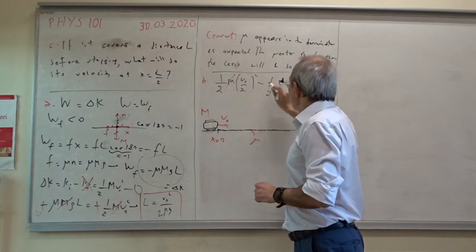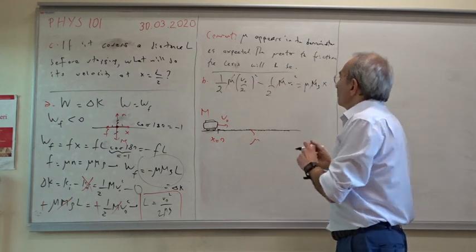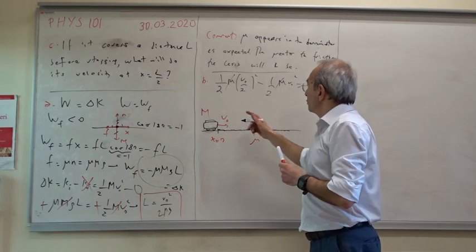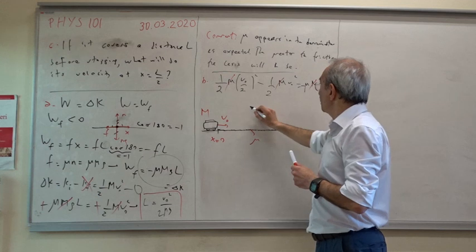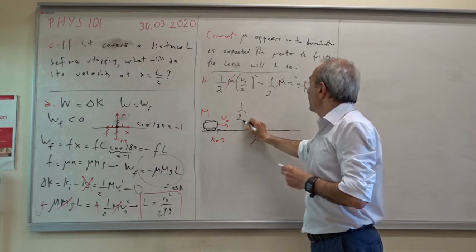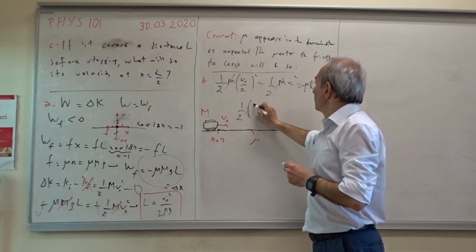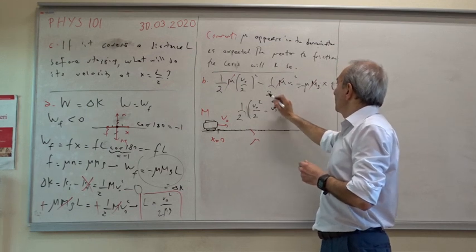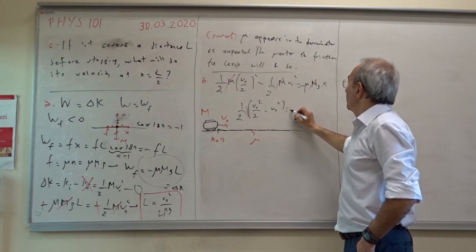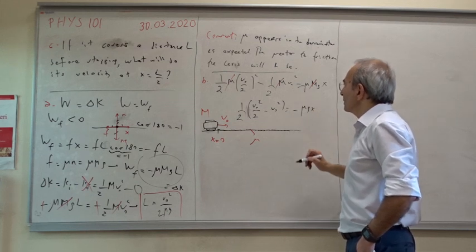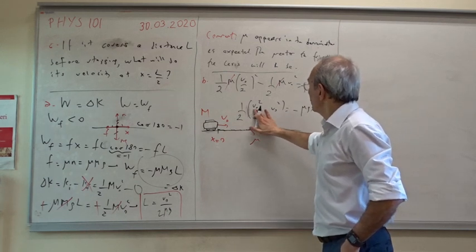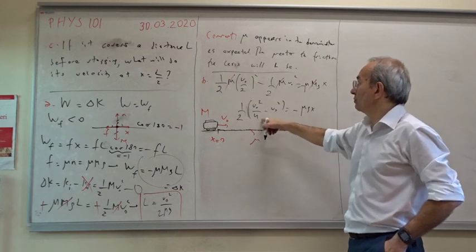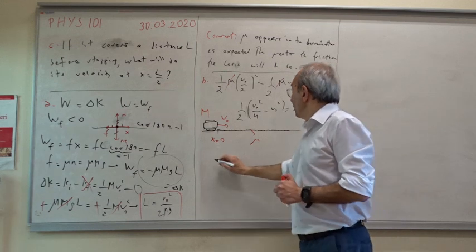And it is easy to cancel the masses, first of all. This is a negative quantity, this is also a negative, the work done. So we have here 1/2 times (v0 squared over 4 minus v0 squared) is minus mu g and x. When you take this, it is v0 squared over 4.